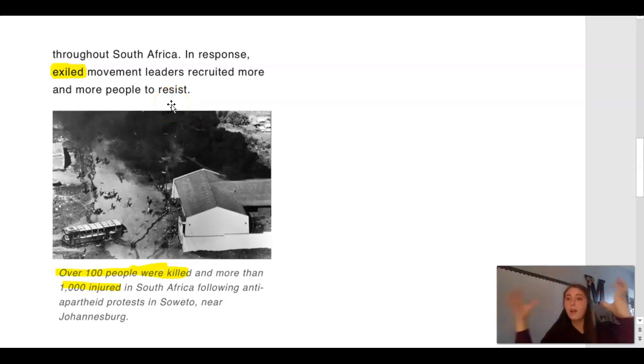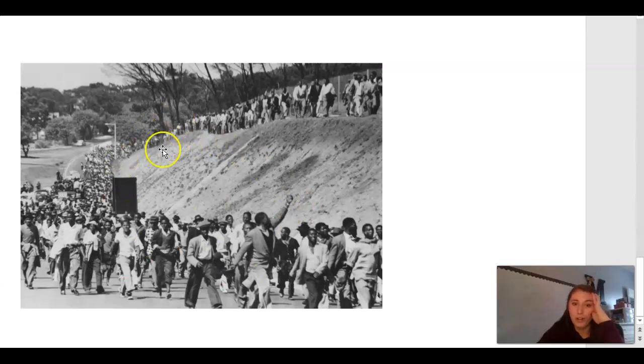Like recruiting, like you can come together and protest together. Maybe that's related to this picture here with them coming together united. But they don't look like they're harming anybody. I don't see any weapons. I don't see them hurting anybody, harming anybody, hitting anybody. They're just walking. So they're peacefully protesting for something.